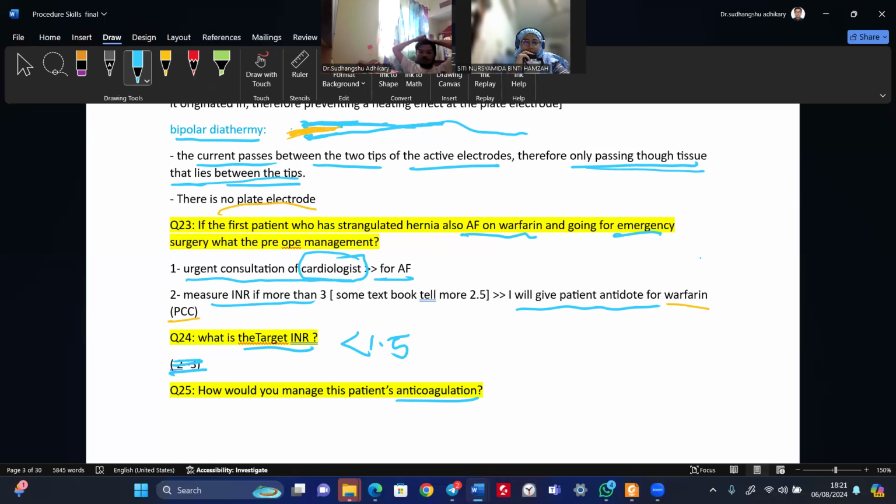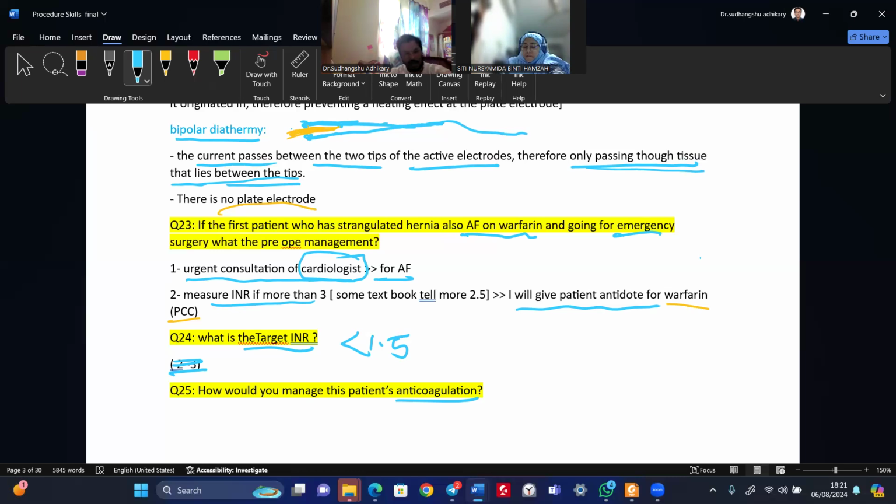Also, we can give vitamin K IV. I will give the patient an antidote for warfarin, prothrombin complex concentrate and vitamin K, and the target INR should be less than 1.5.